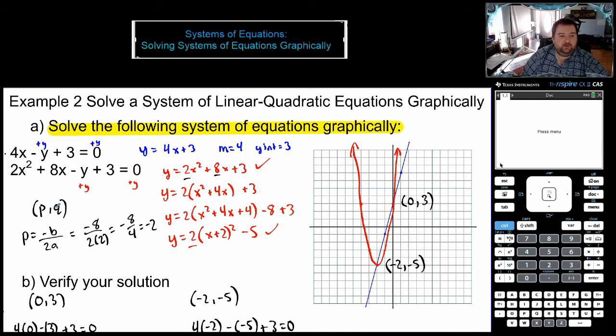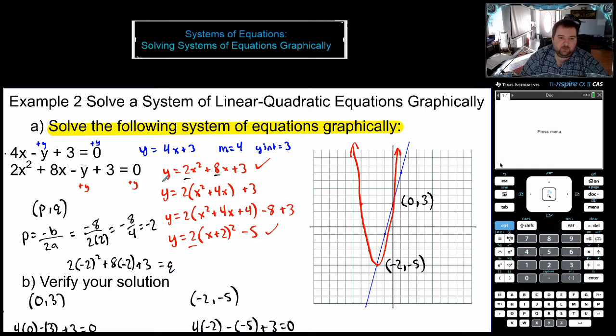Now, how do you find the Q value? Well, you plug in whatever value you found for P. So there's our equation: 2 times negative 2 squared plus 8 times negative 2 plus 3 is going to give you your Q value.